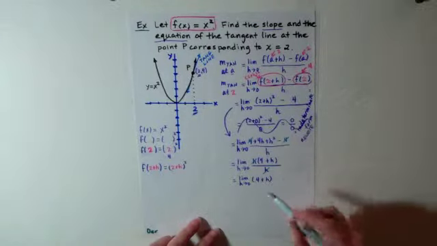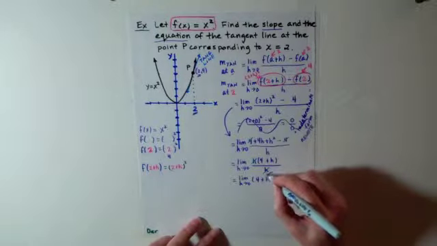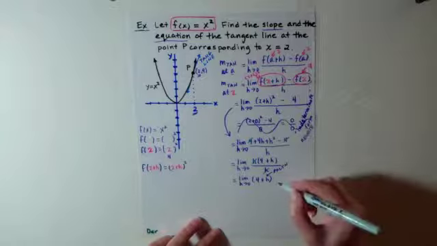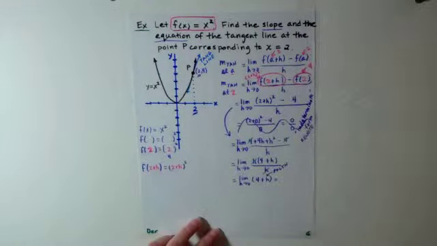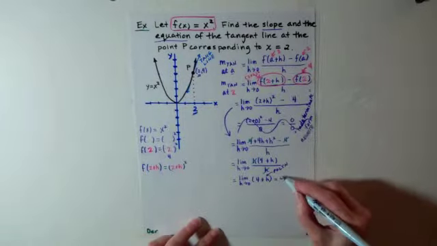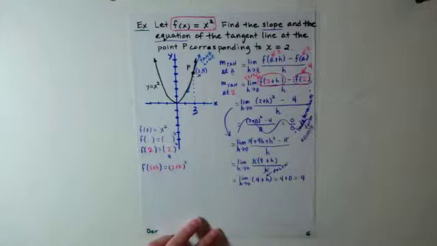Now I'm finding the limit of 4 plus h. And what kind of function is that? That is a polynomial. And so that means I get to use direct substitution to figure out that limit. And there should be no problem now because there's no denominator that could go to 0. So I just plug 0 in, I get 4 plus 0, and I get 4 as an answer.